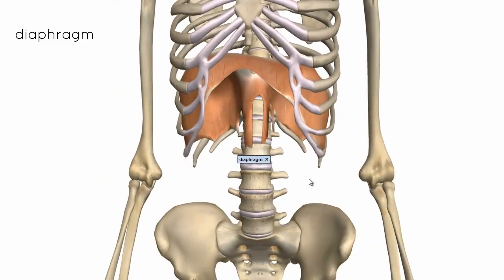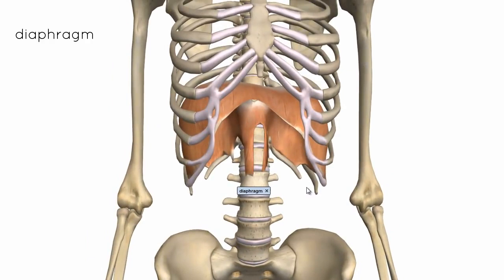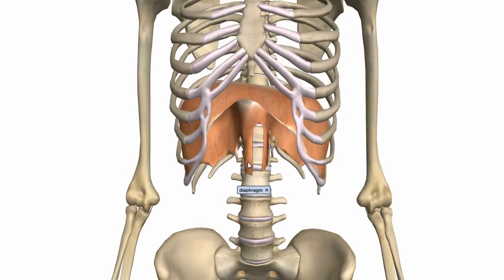You can see it's got this domed shape, and it separates the thorax from the abdomen, so the thoracic cavity from the abdominal cavity, and it forms the superior aspect of the abdominal cavity, so it lines the inferior thoracic aperture. It's attached to the lumbar vertebrae by these two legs. These two legs are called crura, plural, or crus, singular. This is Latin for leg, and you've got a right and a left crus.